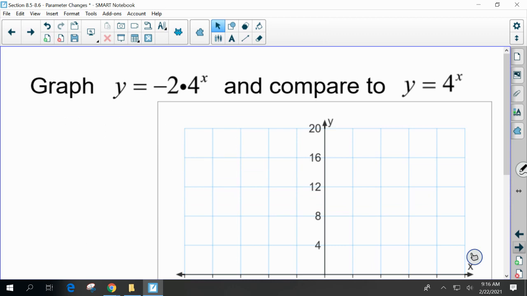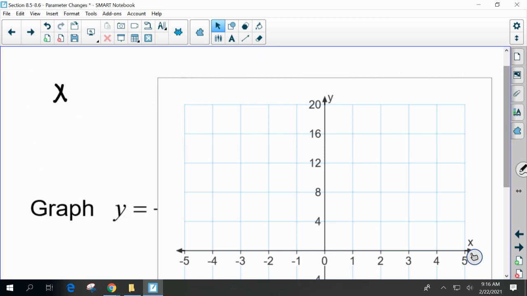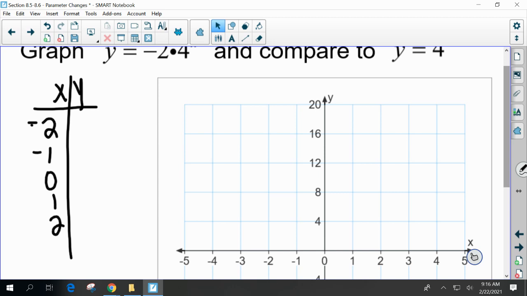Okay, so if I look at the next one, we're gonna actually do this one. So I am going to use that same XY chart. And we are taking like 4 to the -2 power and then take it times the -2.